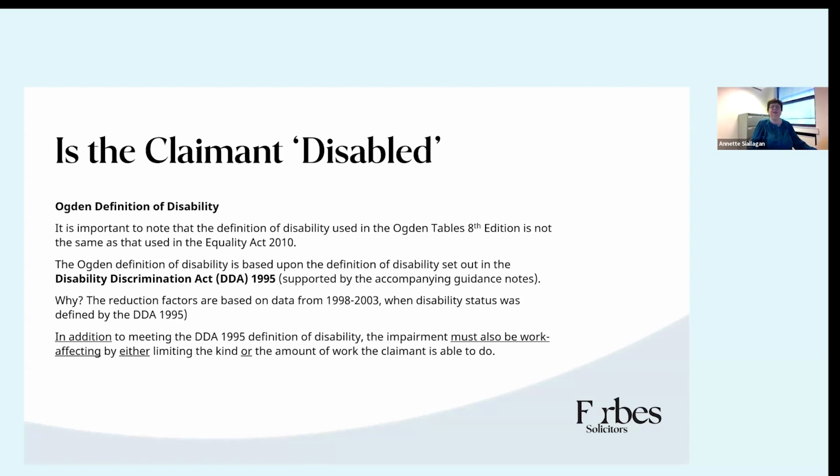So in addition to meeting that, the impairment must also be work affecting by either limiting the kind of or the amount of work the claimant is able to do. So when you're applying discounts in tables A to D, do look carefully at the definition of disabled.